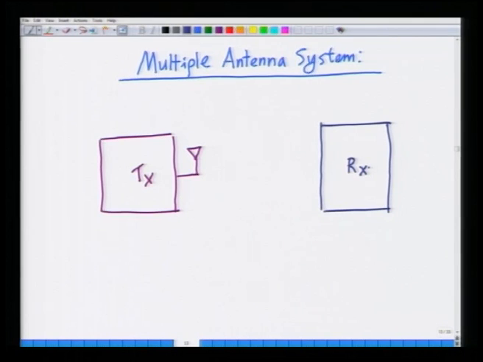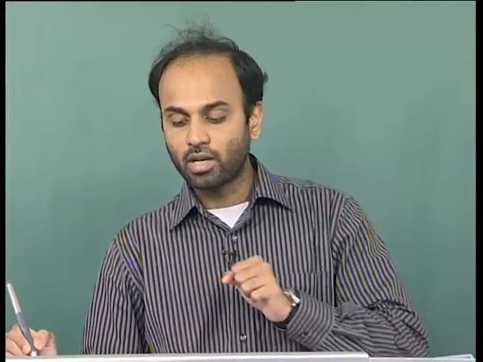Now, instead of one antenna in the receiver which I had earlier, I will now have 4 receive antennas. All right. So, now I am saying I have a transmitter which has one transmit antenna.